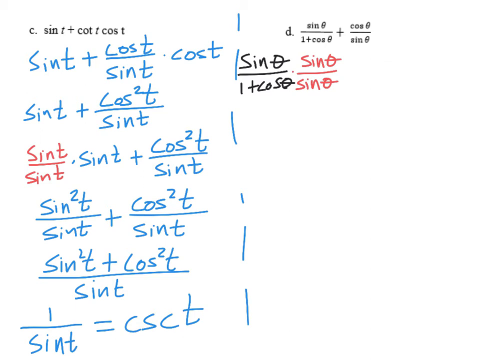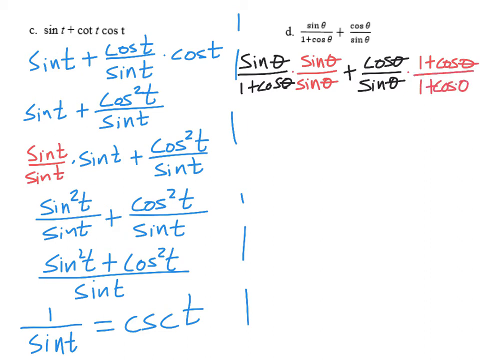Anything divided by itself is 1. Okay. The second term is cosine over sine. That also needs to be multiplied, but I need to use the other denominator. The top and the bottom here have to get multiplied by 1 plus cosine over 1 plus cosine.